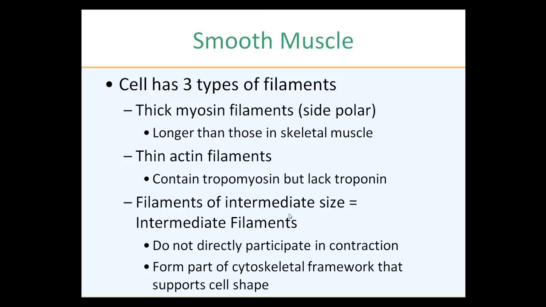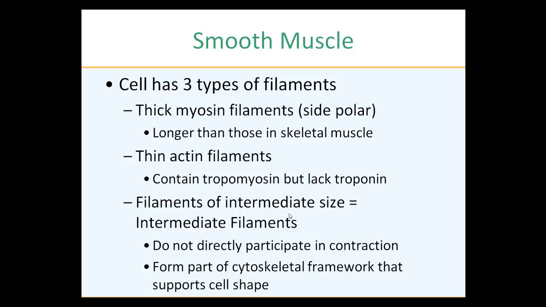Now, if we go to the thick myosin filaments, we will see that they are arranged in what we call side polar. And I'll show you in a very short bit what that means. Essentially, unlike in the sarcomeres, if you remember the slide of the sarcomeres, how the myosin heads were always arranged in the same direction, whether it's the upper or the lower.